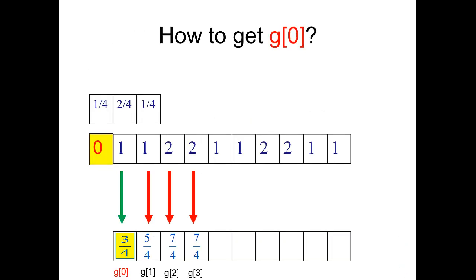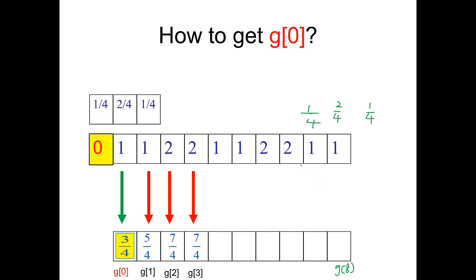The same way you can get G8. In order to get G8, you move H0, 2/4 here, then 1/4 here, then 1/4 here.